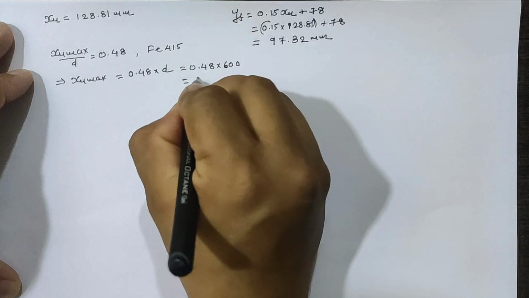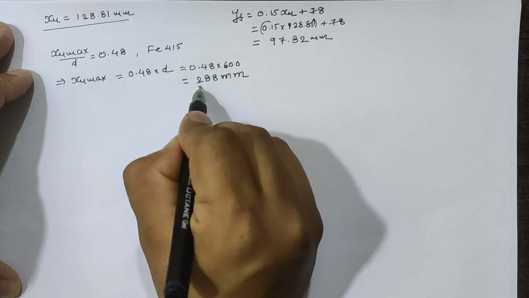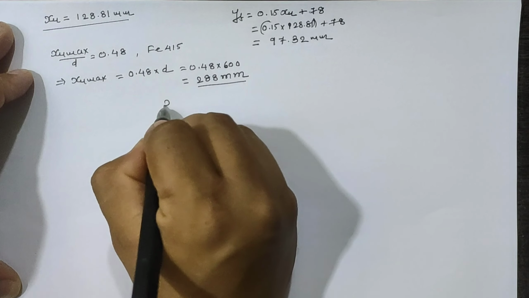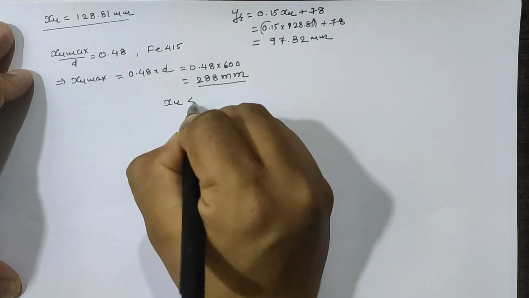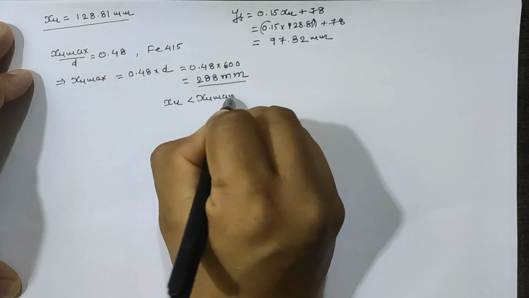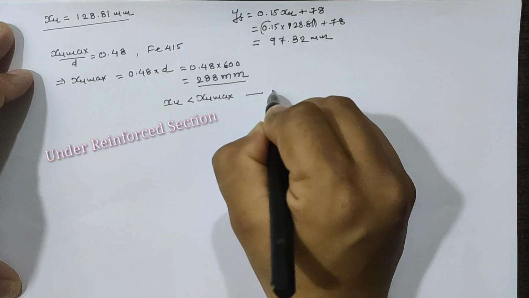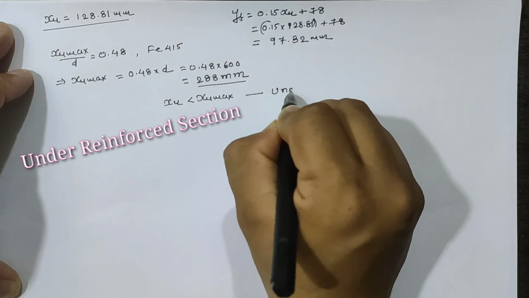Now here Xu is 128.81 while Xu max is 288. So Xu is less than Xu max. It means that our section is an under-reinforced section.